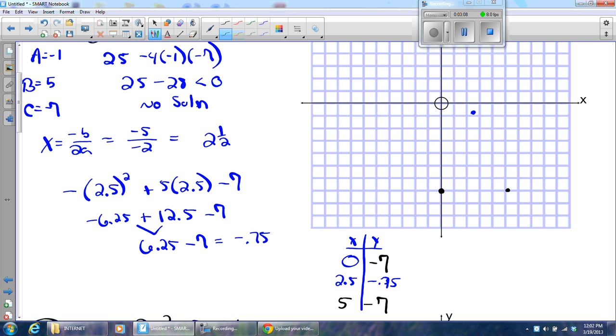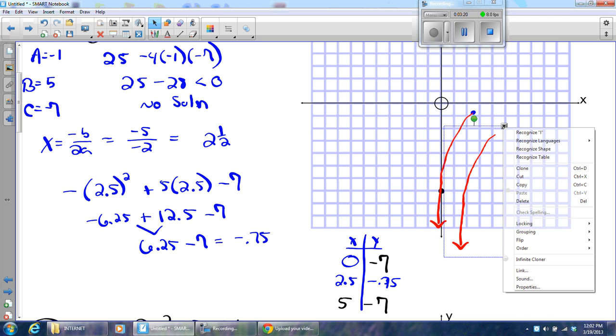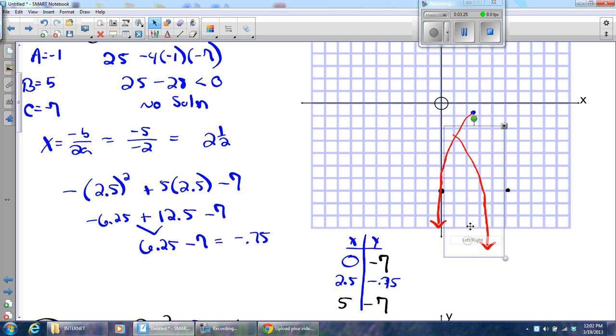Yeah, that's looking pretty parabolic. Let's see if I can get half of it drawn well. That's not too shabby. And then I will clone it, flip it, and there we go. There's our parabola.